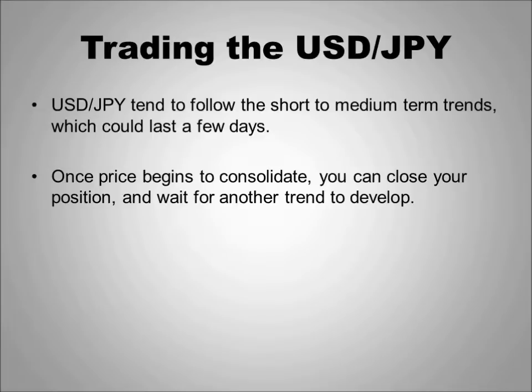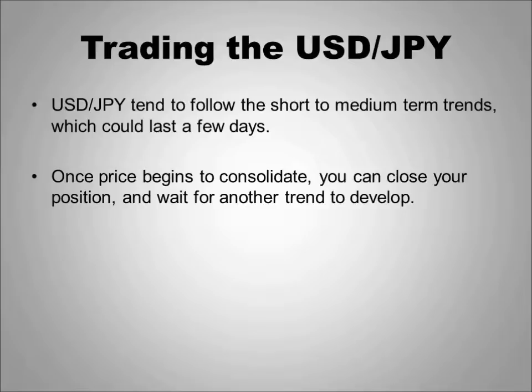So when people get involved in the US dollar Japanese yen pair, it's highly recommended that we look for trends, because the US dollar Japanese yen pair often moves in trends. There's usually an uptrend, and once that uptrend stops, then it ranges, and then maybe another uptrend or another downtrend.